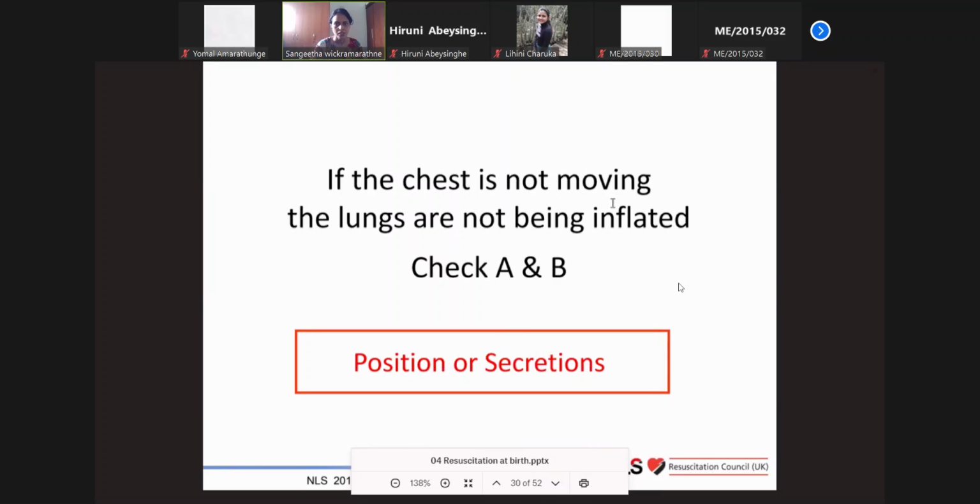Right. If the chest is not moving, the lungs are not being inflated, then again you have to check airway, breathing and position, and correct them. Your airway maneuvers you have to correct first. Failing that, you can look for secretions. Even if you think your technique is very good and you have opened the airway, if the lungs are still not getting inflated, you might have to look under direct vision and relieve any obstructions like secretions or meconium.